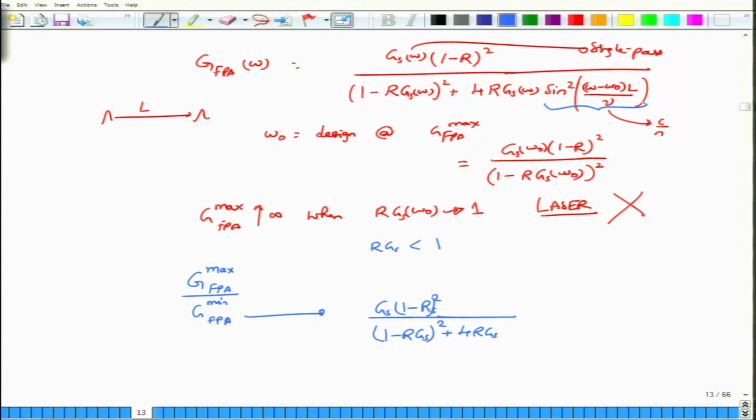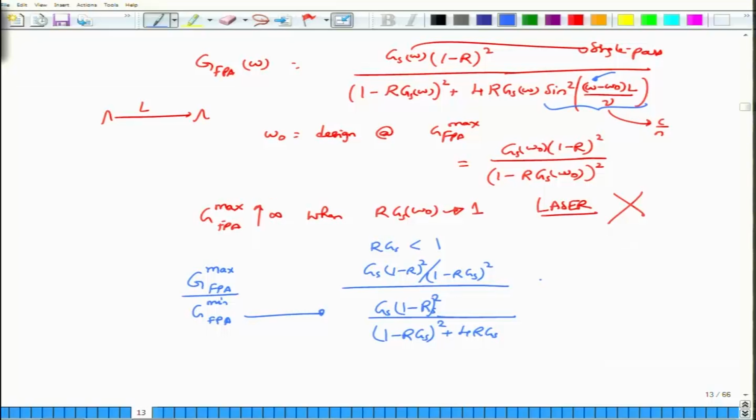You can find out at which frequencies that condition holds, and there you will have the minimum gain. The maximum value we have already written: G_s (1 minus R) square in the numerator divided by (1 minus R G_s) in the denominator.